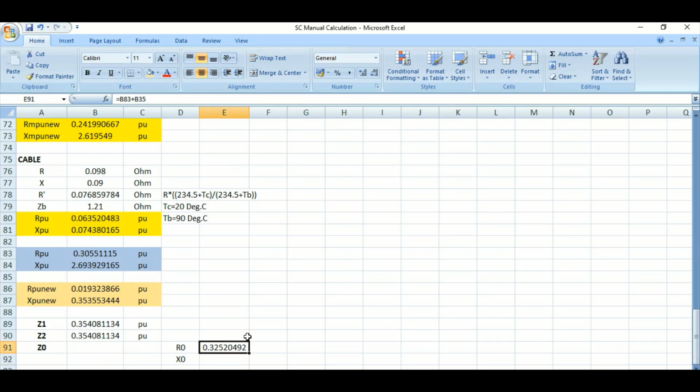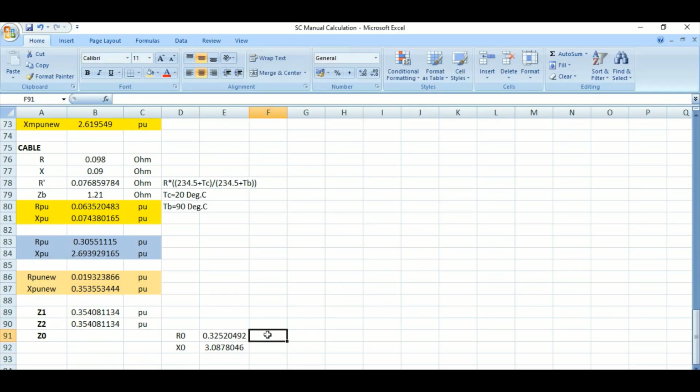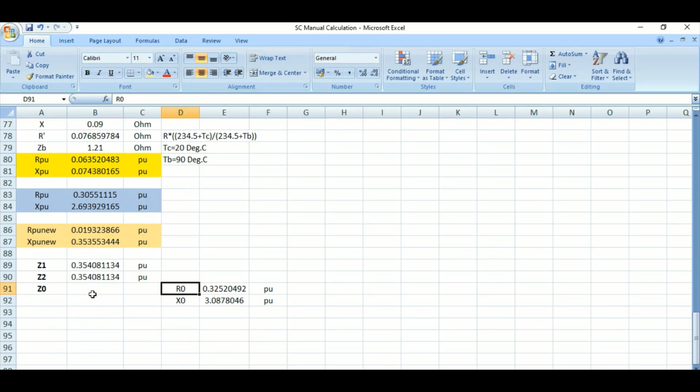Why? Because the transformer is delta star connected and solidly grounded system, as I explained. And here the X value will be this X value plus only this transformer reactance, not the source or grid reactance or grid resistance. This is in PU.